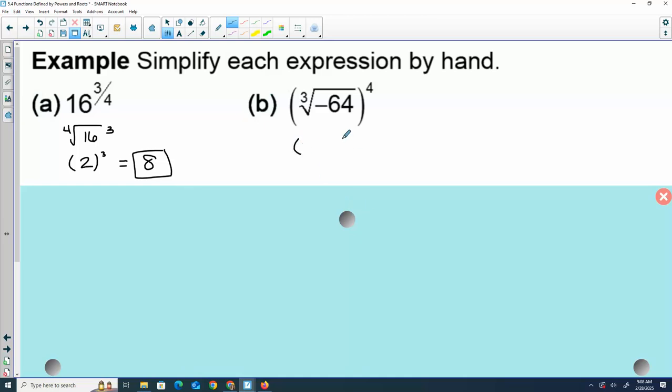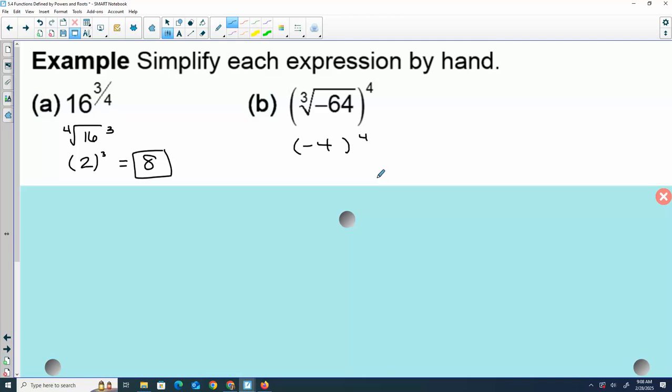What is the cube root of negative 64? So what number times itself 3 times equals negative 64? Come on, guys. Negative 4. Okay, negative 4 to the 4th.